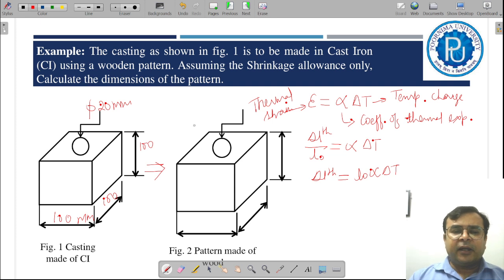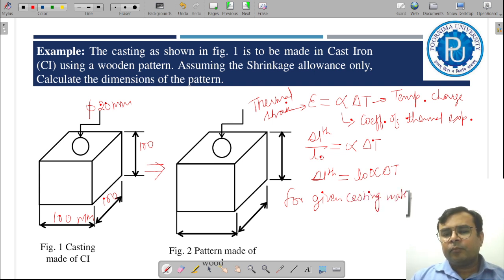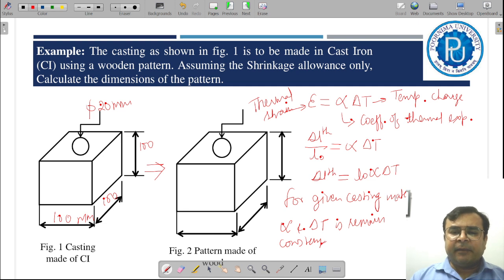Then obviously for a given casting material, alpha and delta T remain constant. The only variable is length. Is it right? The different the length, the different the contraction will be.